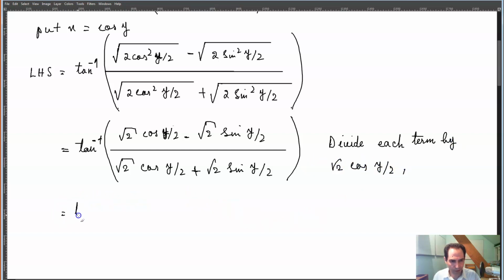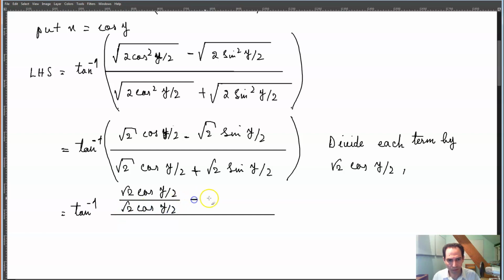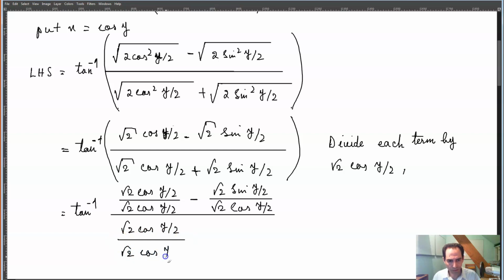You will have the tan inverse of square root of 2 cos of y/2 over square root of 2 cos of y/2, minus square root of 2 sine of y/2 over square root of 2 cos of y/2, all over square root of 2 cos of y/2 over square root of 2 cos of y/2, plus square root of 2 sine of y/2 over square root of 2 cos of y/2.